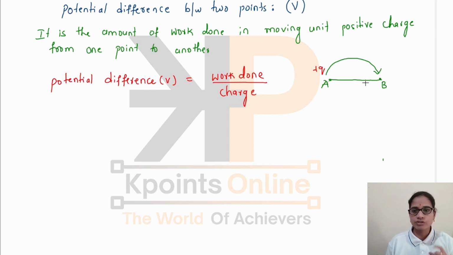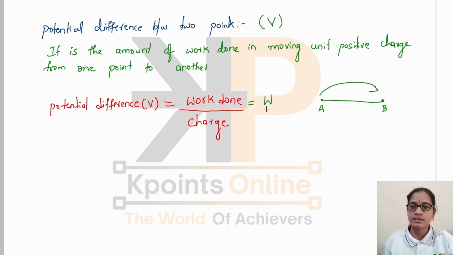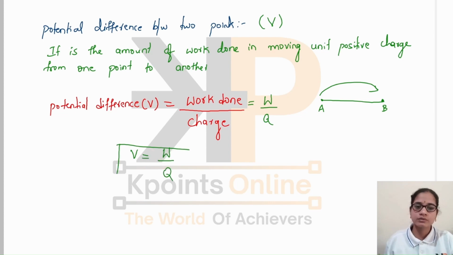It is the amount of work done in moving this charge from here to here. What is the symbol for work done? W. And what is the symbol for charge? It is Q. So V is equal to W by Q. You have to remember this formula, which is very helpful in solving the numericals.